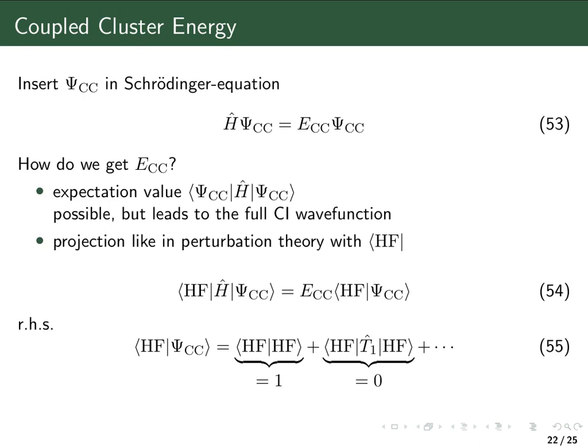Because of the exponential, we get all determinants included. This is very, very expensive to calculate. So one could calculate the coupled cluster energy in this way, but it's not a very good idea.